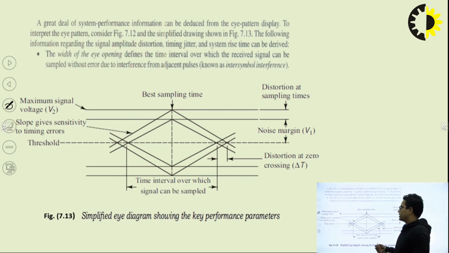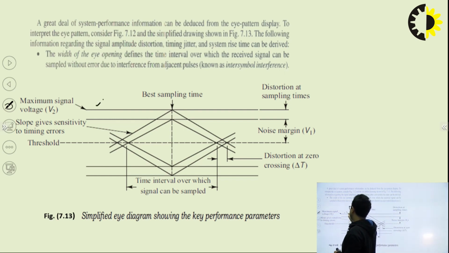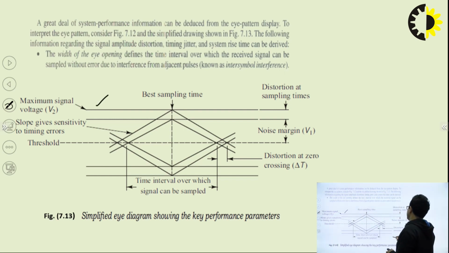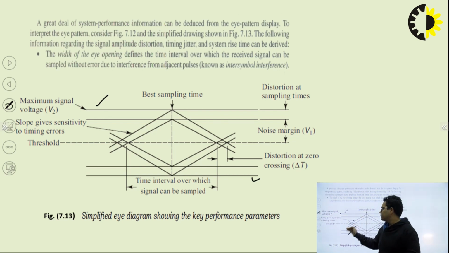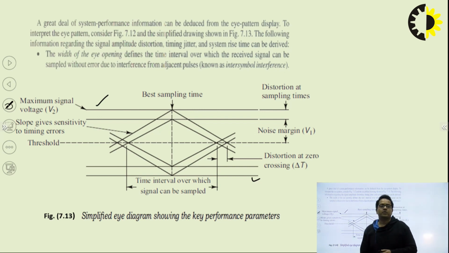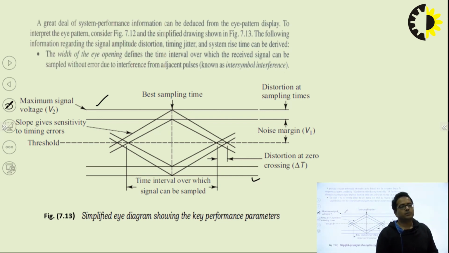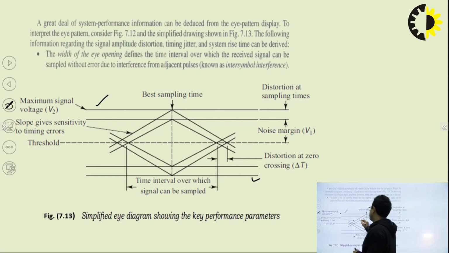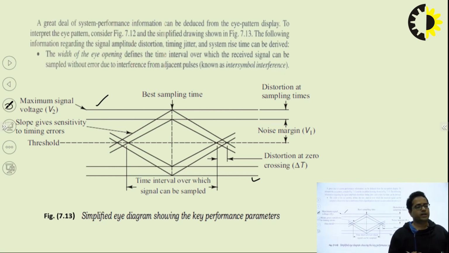So maximum signal voltage will be this portion and the minimum is this one, right? And the slope of this line is going to give us the sensitivity to timing error, because timing error also arises because of noise or jitter.